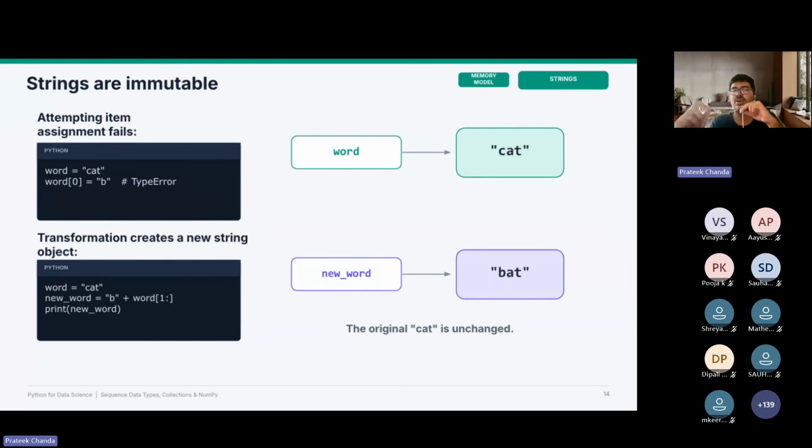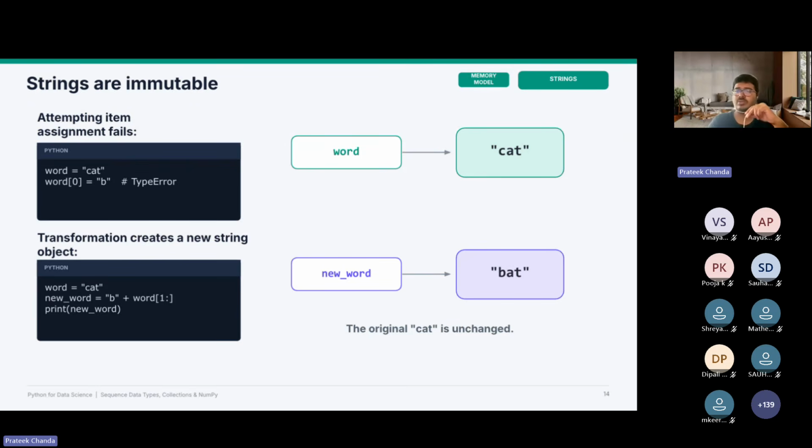But this is not permissible in case of a string. You can't change the string structure like that. You can of course add a new string to it, like do an append operation, which is basically adding a new string to it. But you can't actually modify the original string itself. So this is what is called the immutable property of that data type.